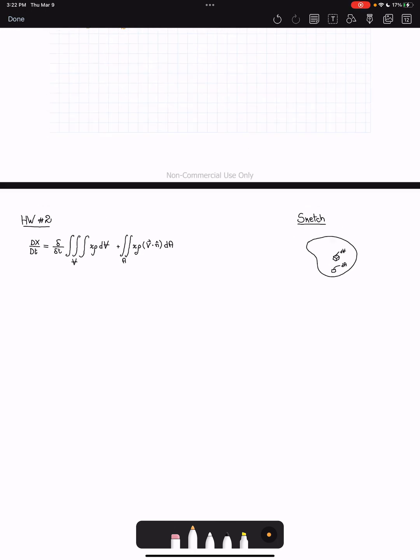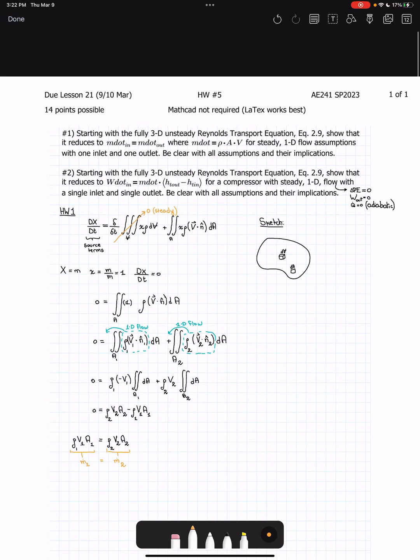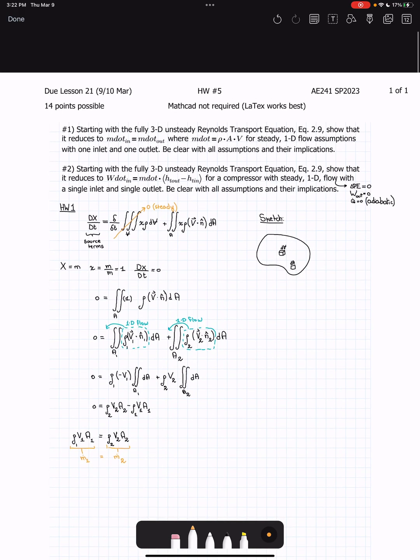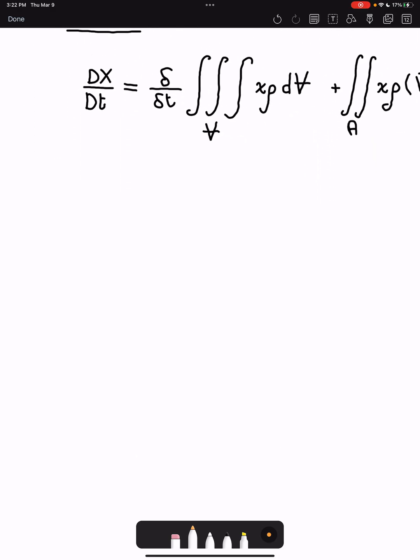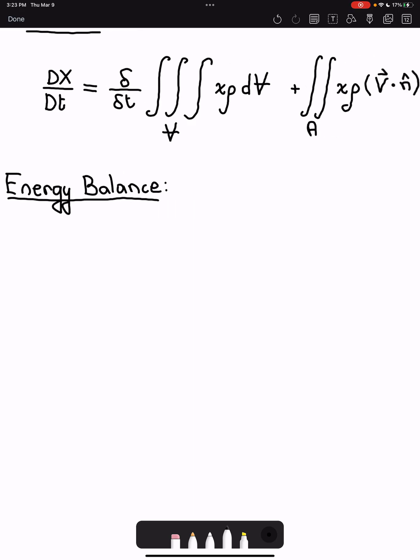Now they asked us, if you remember here, for an energy balance. So for an energy balance, I don't know who changed the color. I didn't change it. For an energy balance, this is what we get.